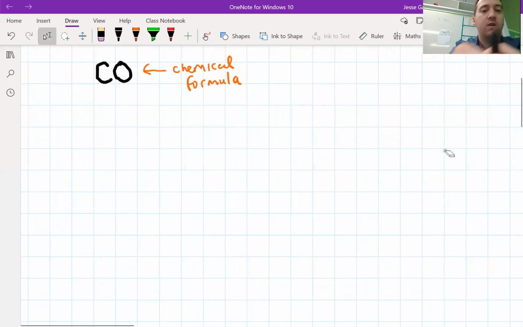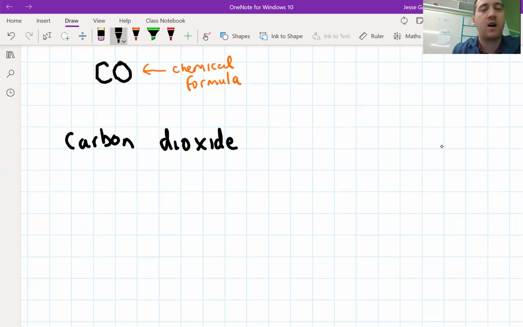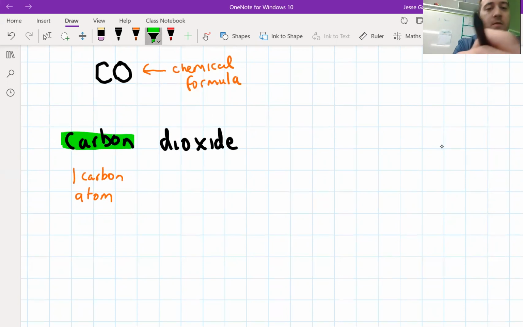All right, let's do another one. Say we've got this guy here, carbon dioxide. We do a reaction, and this is the product, carbon dioxide. What's in here? Again, we've got carbon, which means one carbon atom.